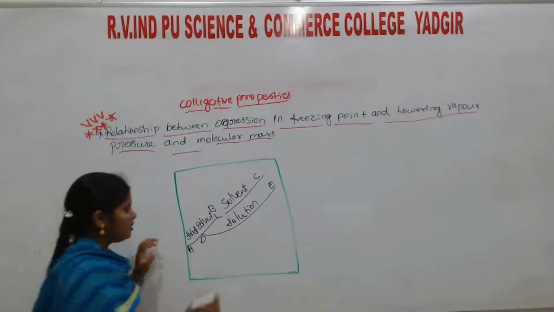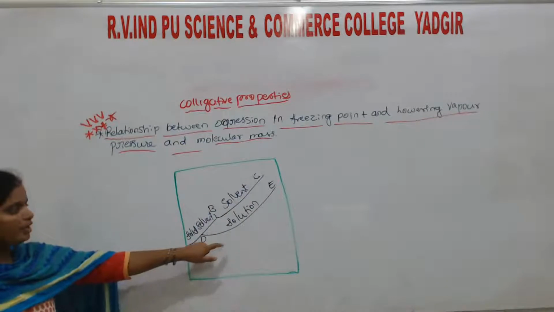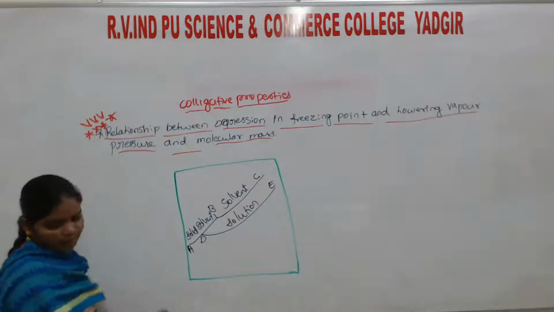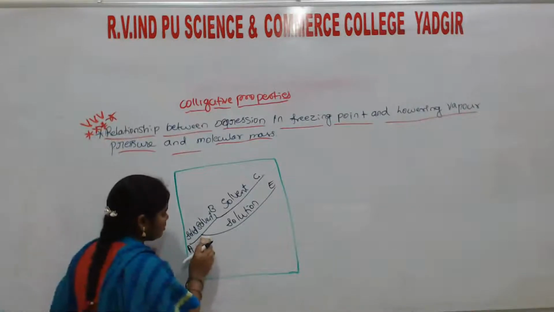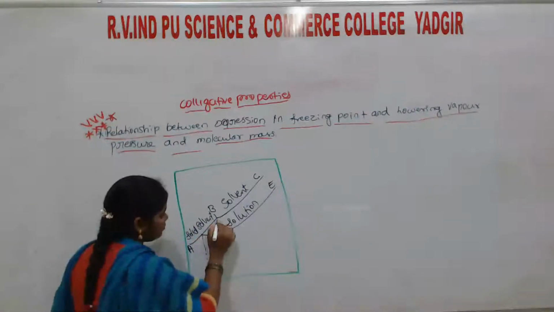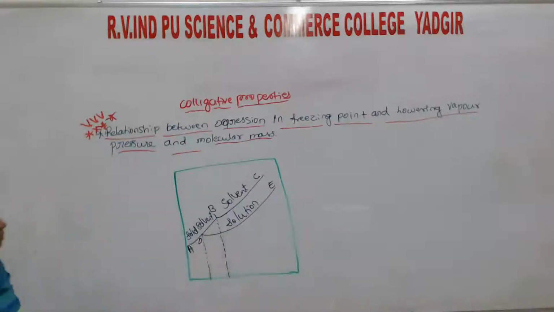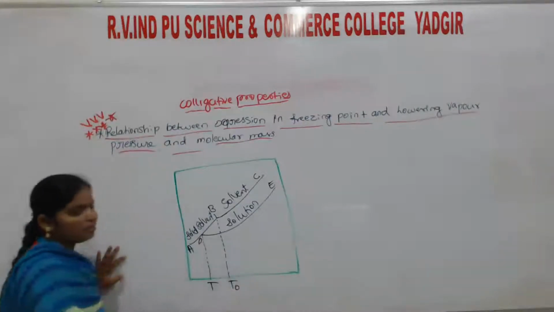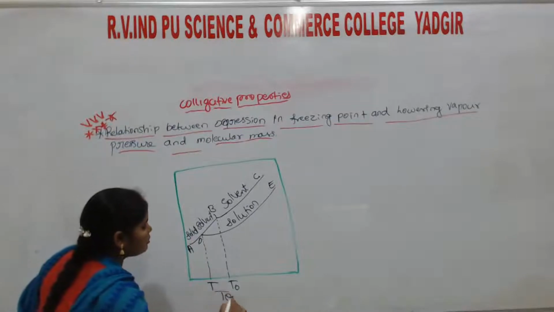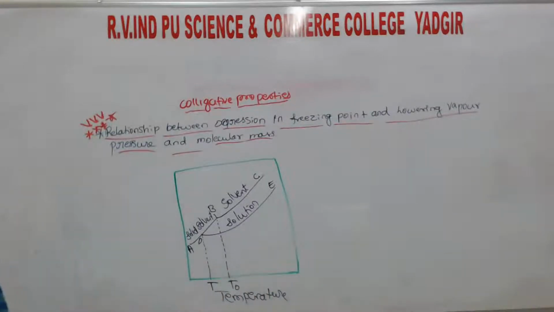This is point B, this is point C, and this is point D, the solution. Here this is temperature T, and this is vapor pressure.